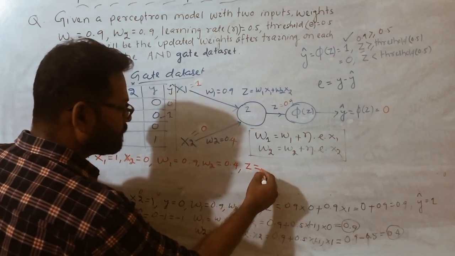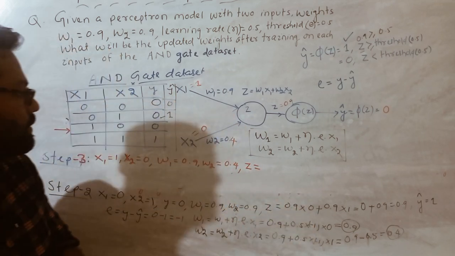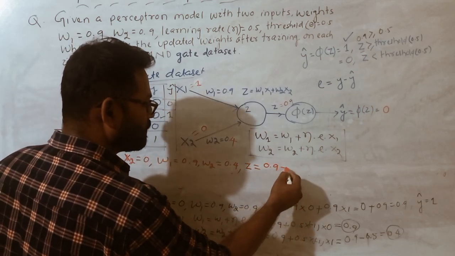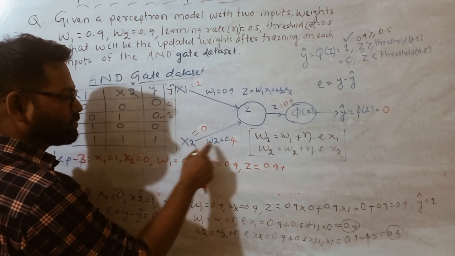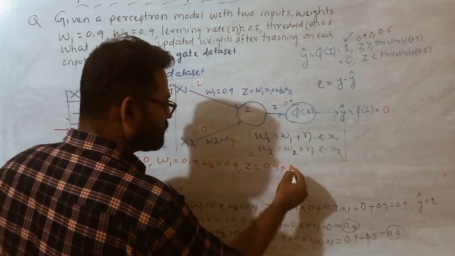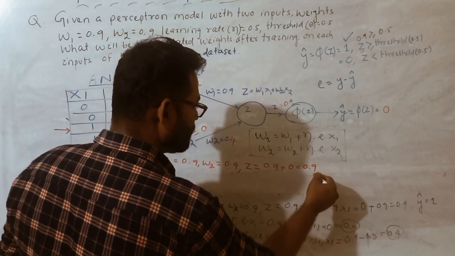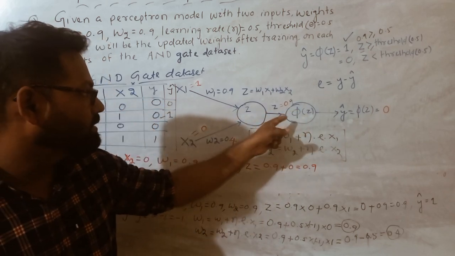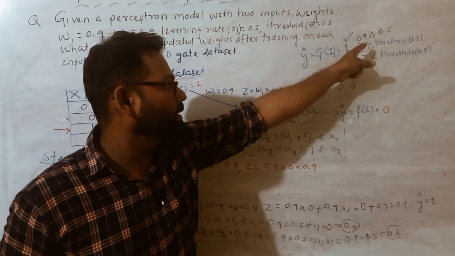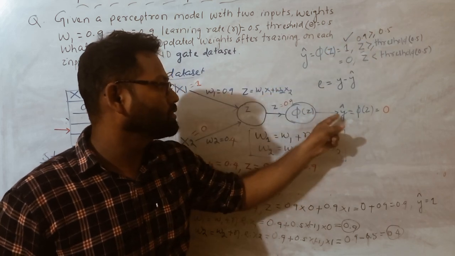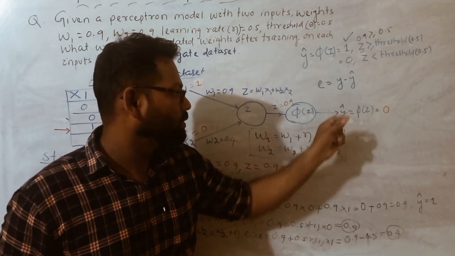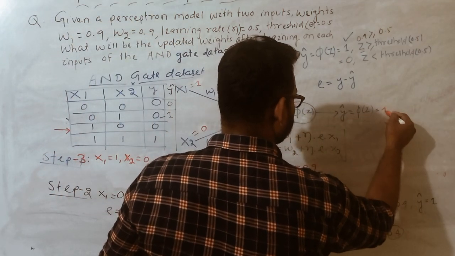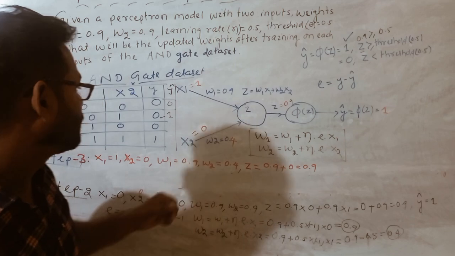Here, 0.9 into 1 is 0.9, plus W2 into x2, 0.4 into 0, that is 0. So finally you get 0.9. This 0.9 is going to pass to the activation function, and since it is greater than the threshold 0.5, my activation function is going to predict y cap as 1.